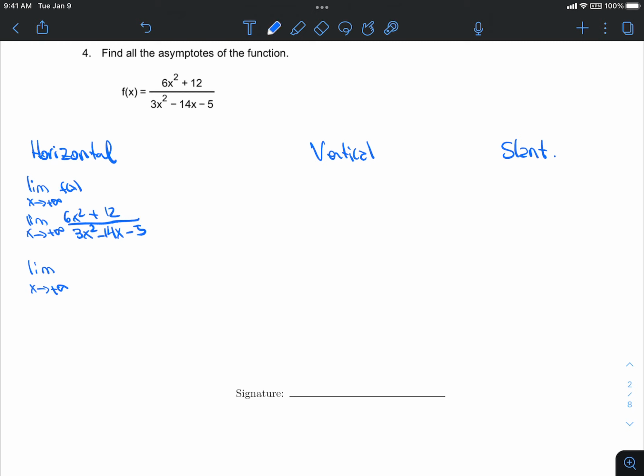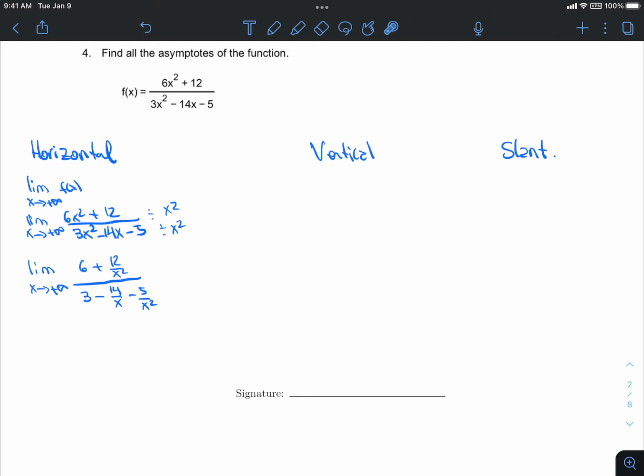To make sure which one is larger, or what's the proportion between the two, you divide by x squared, both at the top and at the bottom, because that's the highest degree power of x that shows at the bottom. So that's going to give you a 6 plus 12 over x squared over 3 minus 14 over x minus 5 over x squared.